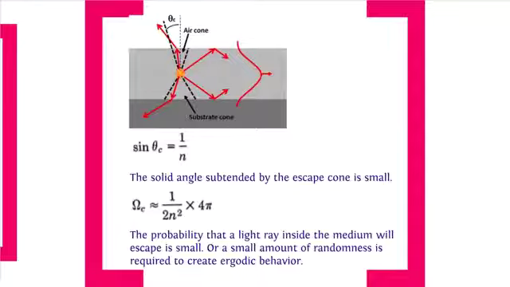Now, it's an important question. If this is smaller than this, what happens? You don't have a critical angle. You just go through. There is no total internal reflection. Total internal reflection only happens from high refractive index to low refractive index. You should know this. So, what is the conclusion? Which one's larger?